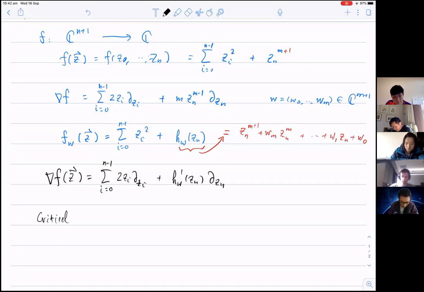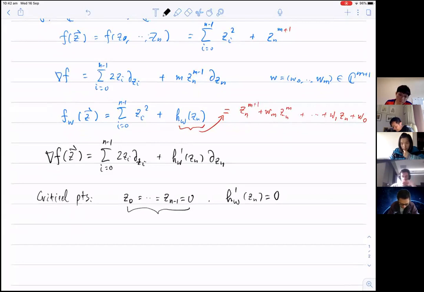The critical points is 0. So it's Z1, so it's just starting with that. So that has to be 0, and then also the derivative of this is 0. That is the critical points.